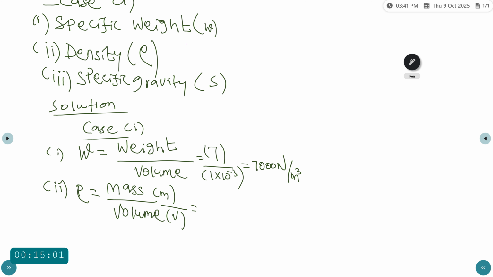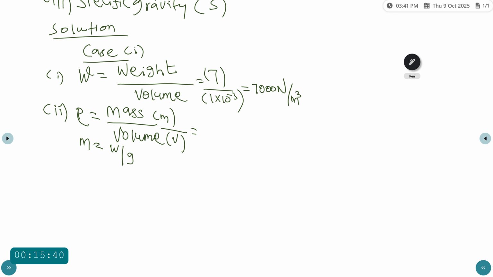What is the relation between mass and weight? Weight W equals mass into acceleration due to gravity G, so mass equals W by G. Mass equals weight by gravity.